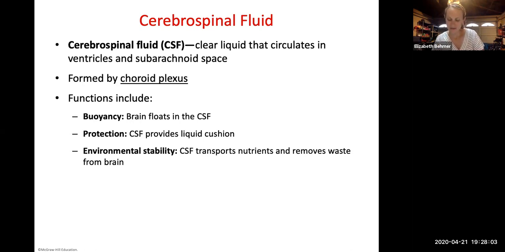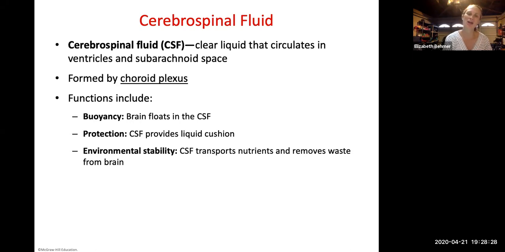The functions of the cerebrospinal fluid is the question for number 5 in your notes. So what does this fluid do? It helps to create buoyancy of the brain. Your brain isn't just sitting dead in the base of your cranial fossa. It's floating. It also helps to protect the brain.